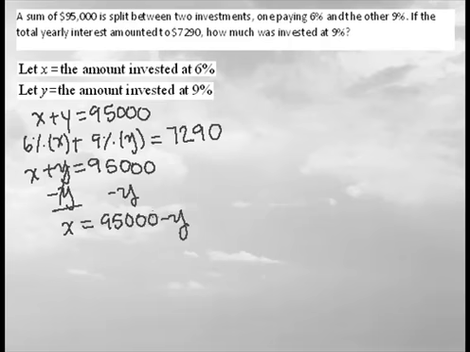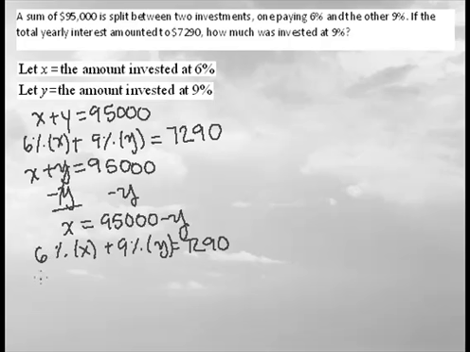Now we're going to use substitution. We're going to use the value of the X and we're going to substitute it in the second equation. So let's write it down. So before substituting, let's convert the percentages into decimals.